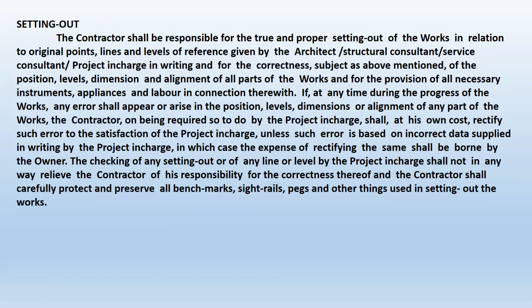So always mention, if there is any error, an approval by the consultant or the client or by the architect does not relieve the responsibility of the contractor to make the building at the right level and length, etc. This is a clause which generally has to be in the contract conditions.